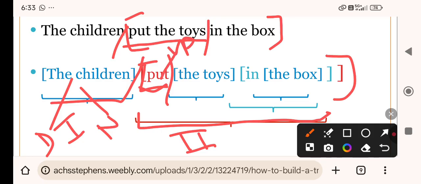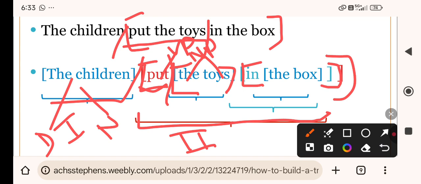'Put' and 'the toys', noun phrase: determiner 'the', noun 'toys'. So that's the first bracket, and then this is the second bracket, and this is the third.